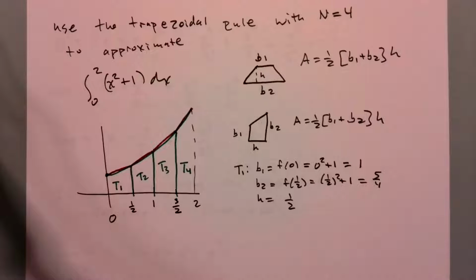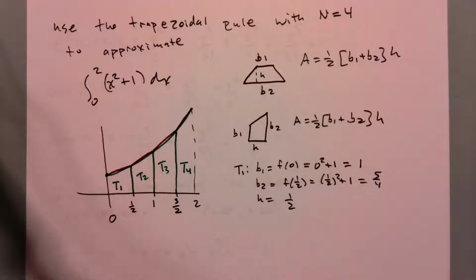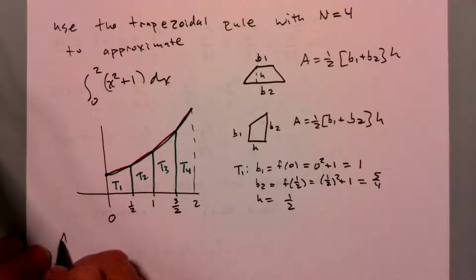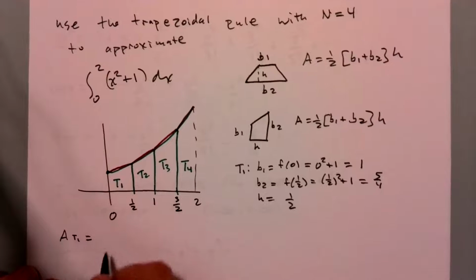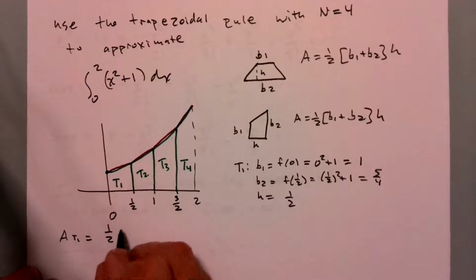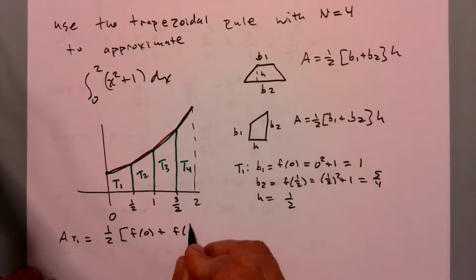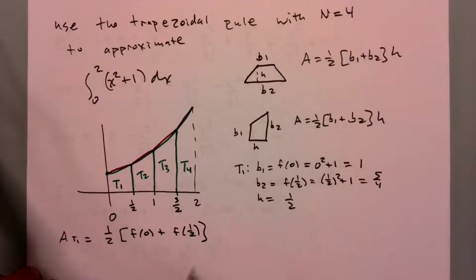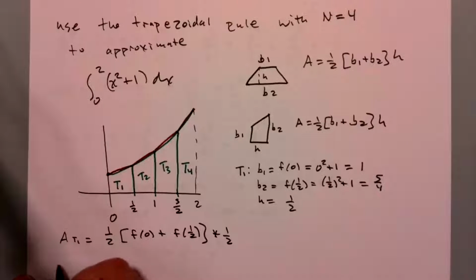But rather than just doing the computation, let's see if we can figure out what the general form will be. So I've got the area of trapezoid 1 is 1/2. The first base is f of 0. The second base is f of 1/2 times the height, which is 1/2.